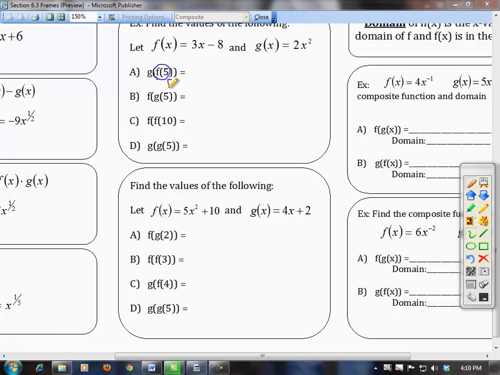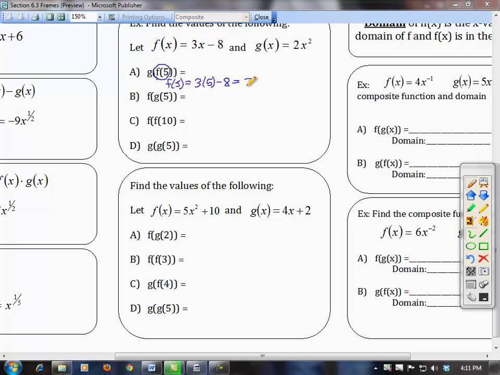So below this, I'm going to start with what f of 5 is. Well, I look at my f function, and what it means is plug in a 5 for x. So I'm going to say, what is 3 times 5 minus 8? Well, 3 times 5 is 15, and 15 minus 8 is 7.